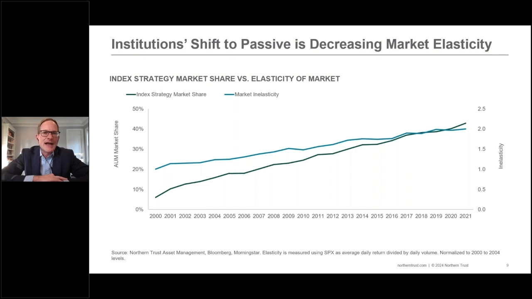So in 2000, 95% of assets were actively managed, meaning there were analysts worrying about valuation multiples, profitability, cash flows. Over the years, that has trended away. Now less than half of these assets are actively managed, which means that there's a huge portion of institutional assets sitting on the sidelines, not participating in price discovery.